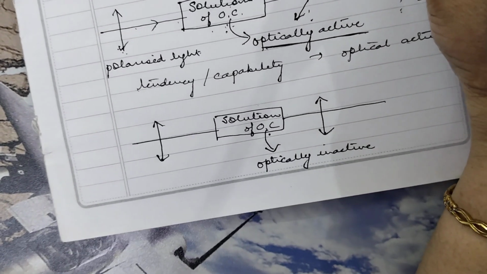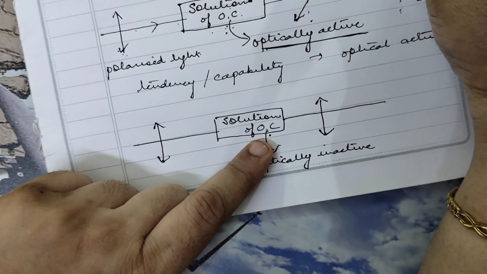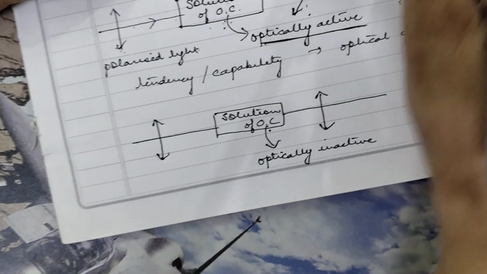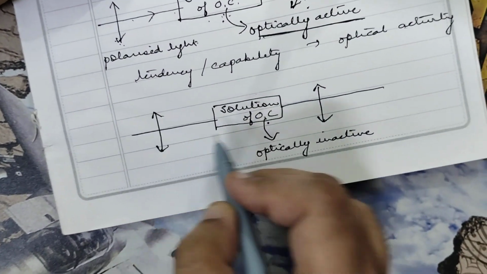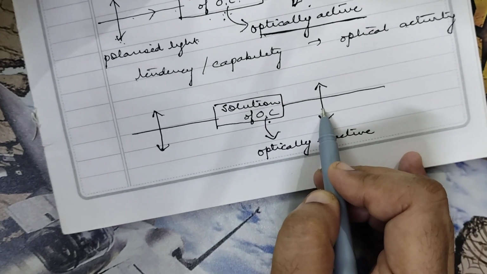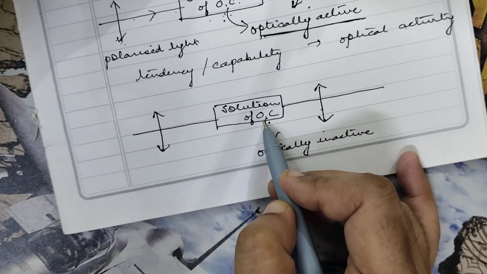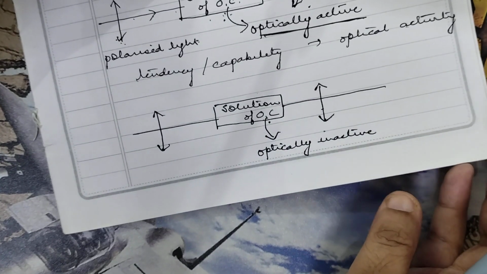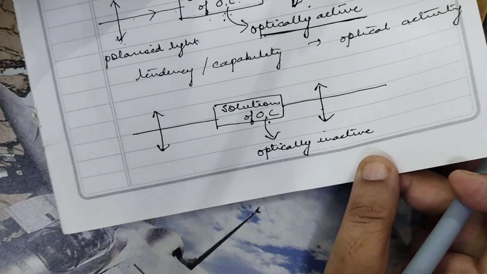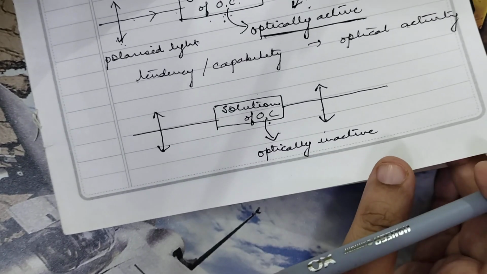On the other hand, if an organic compound is unable to rotate the plane, you can see it was in this direction, and even after passing through the organic compound, it remains in the same direction. We call this organic compound optically inactive.